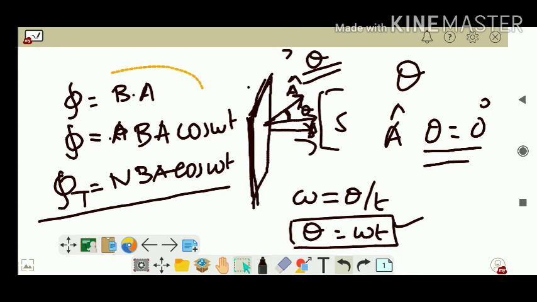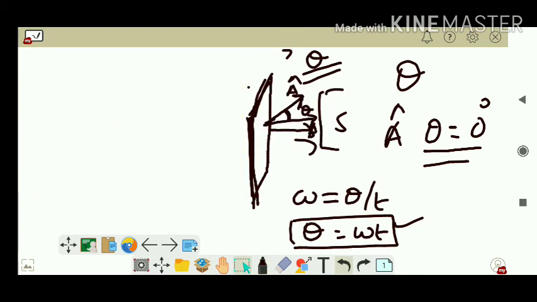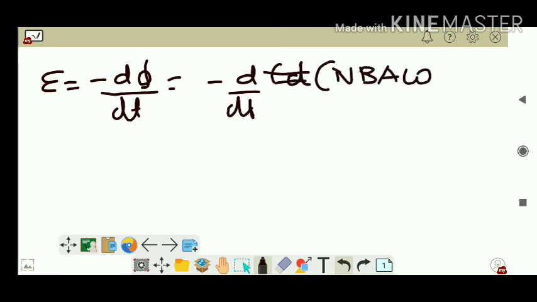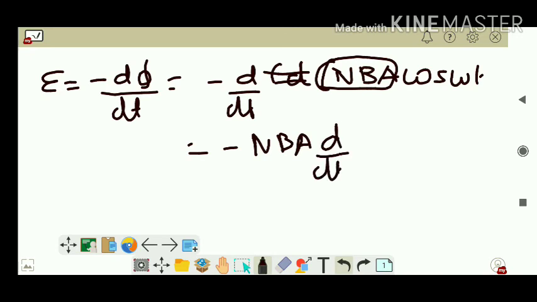Now what happens if you are asked to find the value of EMF? So EMF, epsilon, is equal to minus d phi by dt. Substitute the value of phi we have learned just now. It is equal to minus d by dt of NBA cos omega t. Now NBA is a constant term, I will bring it out, so it will be minus NBA d by dt of cos omega t.